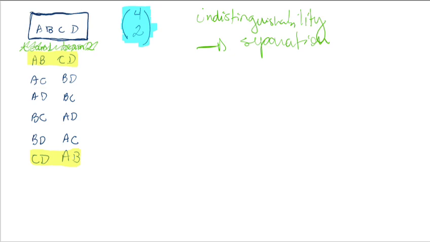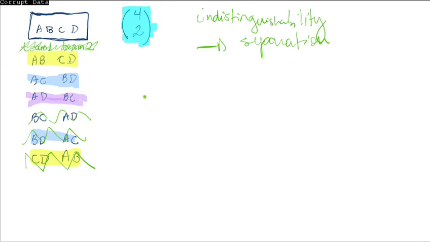So if we take this example, I'm just going to eliminate this one because it's the same as that. I'm going to eliminate this one because it's equal to the second line. And finally, I'm going to eliminate this one because it's the same as the third.